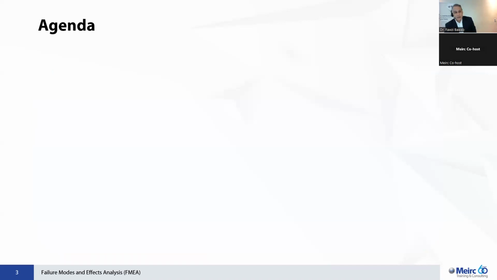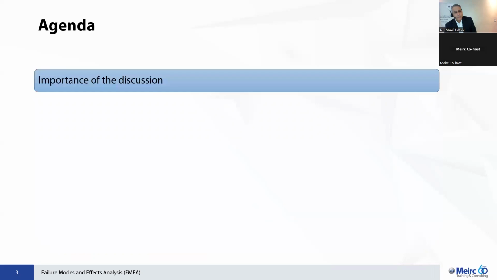To get us started, a quick review of the topics we have planned for you today. We'll start with explaining why we are attempting to understand the concept of FMEA and its implications on quality and operational excellence.